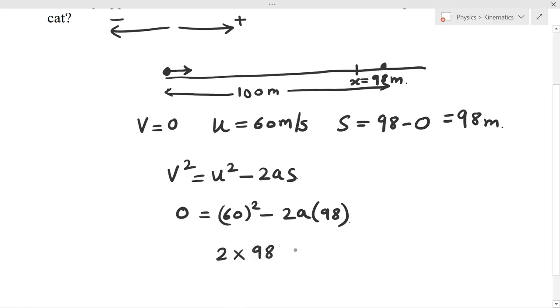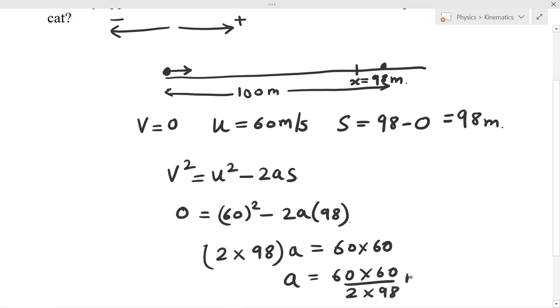This is 2 into 98 A. I have taken it on the left side, and this is 60 into 60. So A is equal to 60 into 60 divided by 2 into 98 meter per second square.